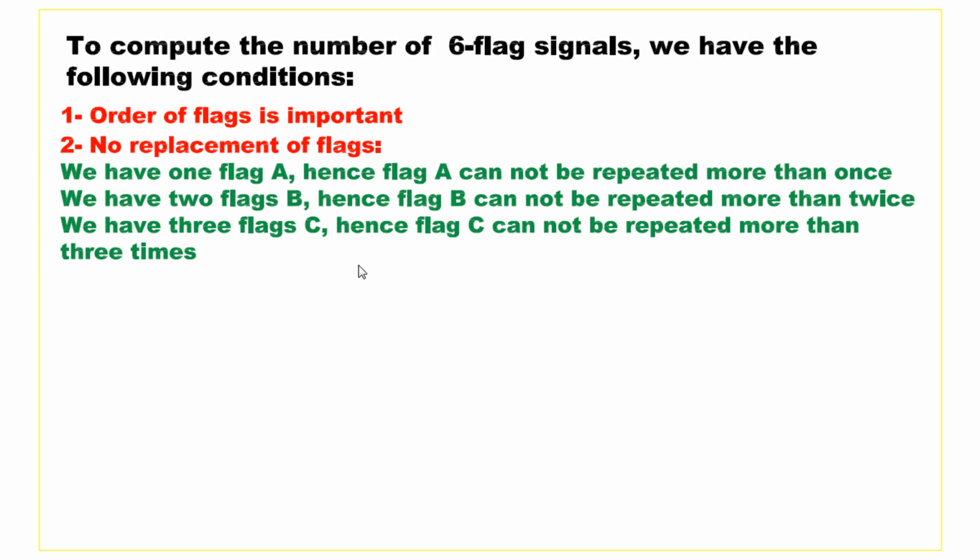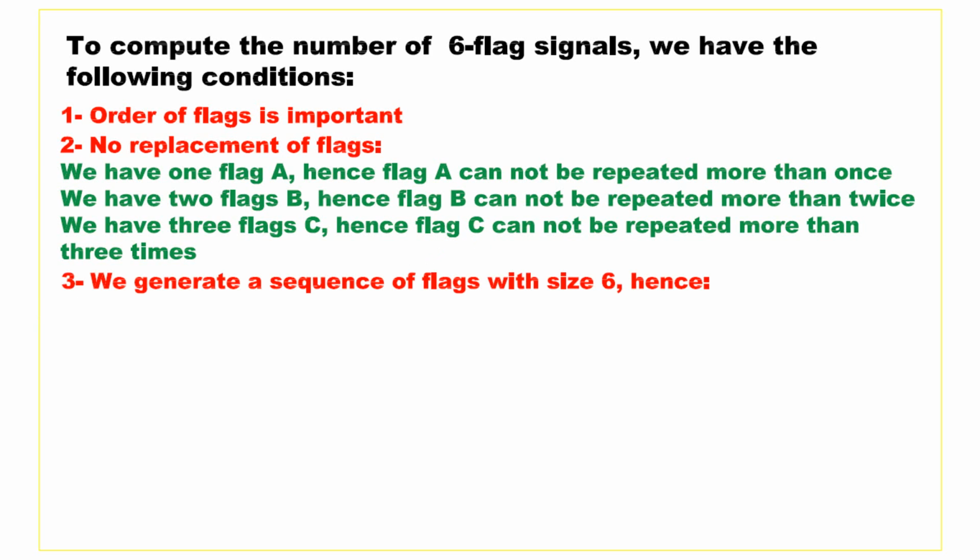The third condition is we generate a sequence of flags with size 6. So we have 6 flags and we generate a signal composed of 6 flags. Not a signal composed of 10 flags or a signal composed of 4 flags.